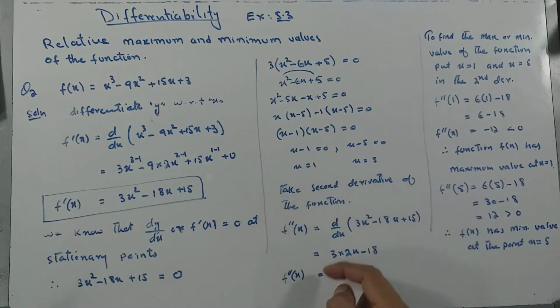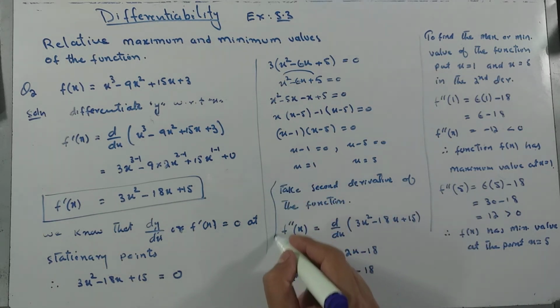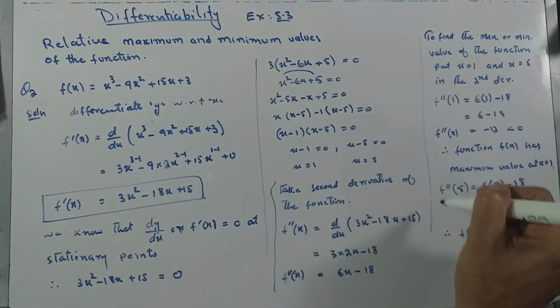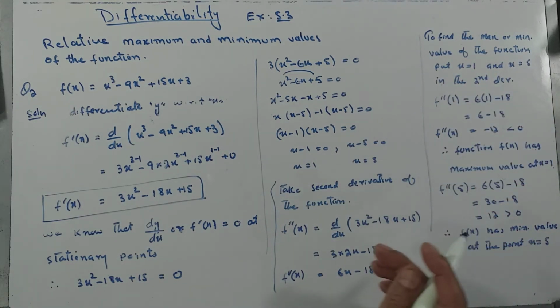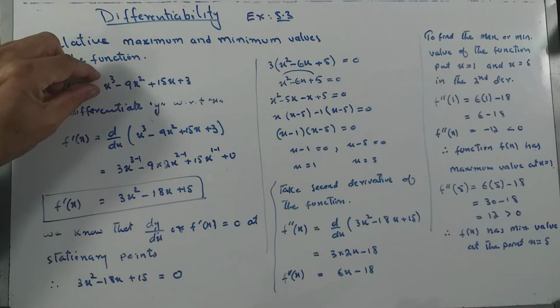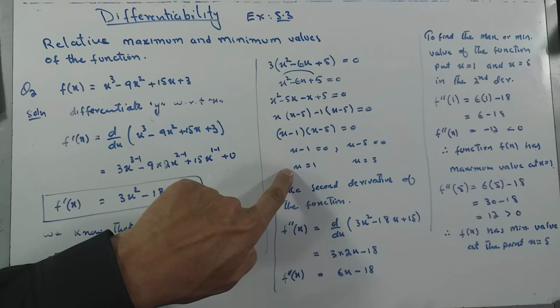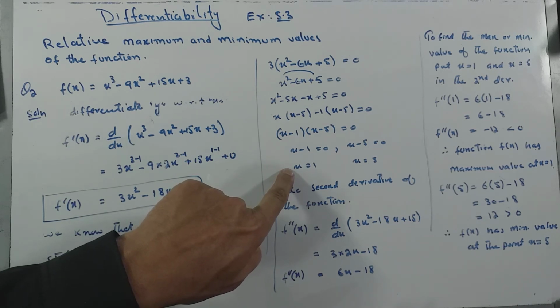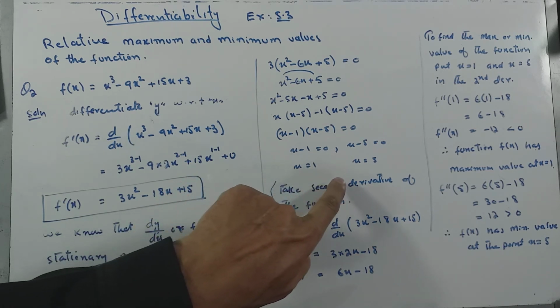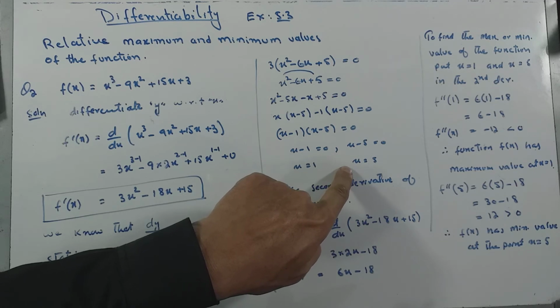This whole process was just for testing whether this function has a maximum or minimum value. We found that for x is equal to 1 the function has a maximum value, and for x is equal to 5 the function has a minimum value.